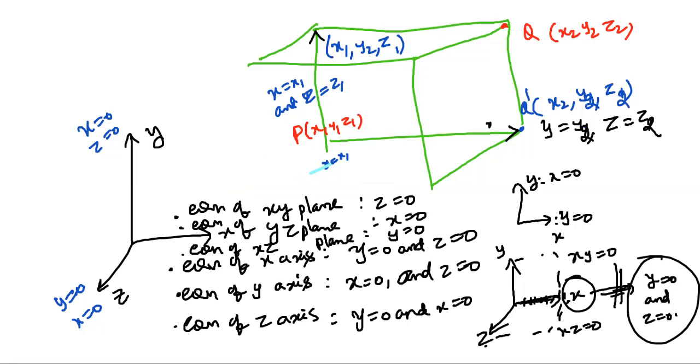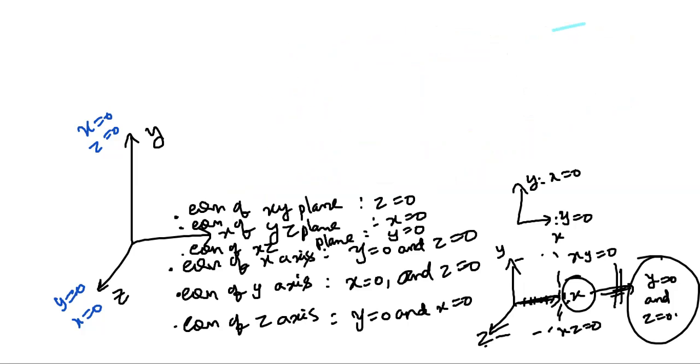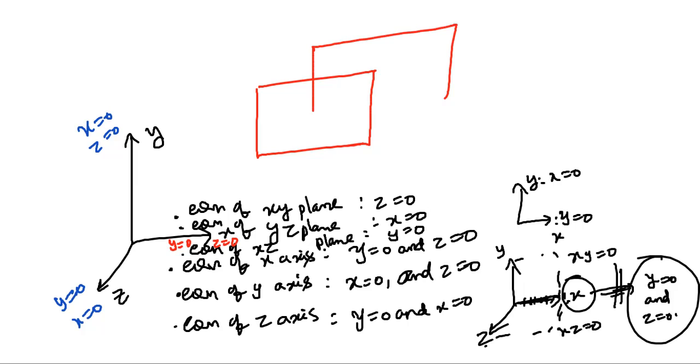So let me rewrite it all again. If it is drawn right here, it would be very easy. But it is like this: this is y equal to 0 and z equal to 0. So take it by shifting by some units.